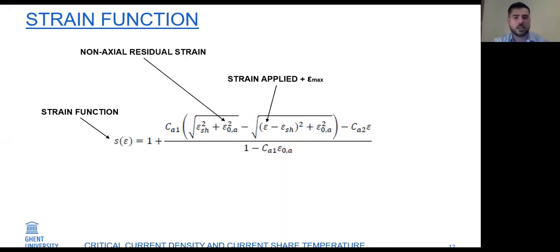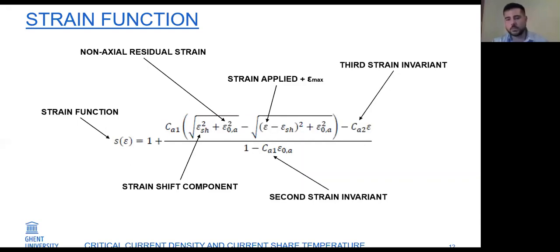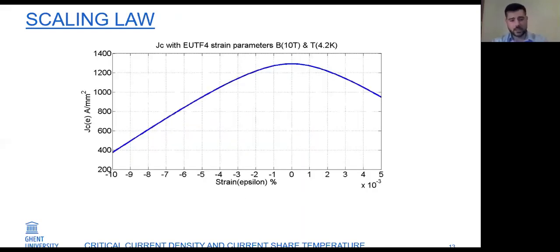You see also non-axial residual strain, strain shift component, and some constants in the scaling law. And this is the equation that I have used to calculate the strain. And this is the function of the critical current density with the strain. Usually the strain in these cycling loadings goes from minus 10 to plus 5. It's in percent, yeah.